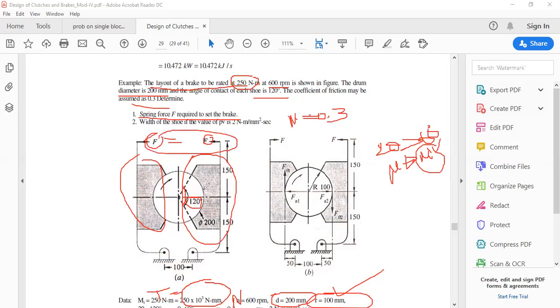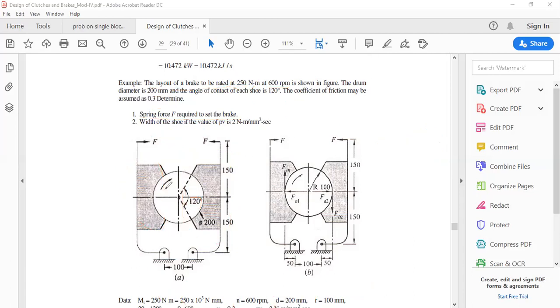If it is rotating in clockwise direction, with respect to that we have to consider case 1 for the left brake and case 2 for the right brake. It is rotating in counterclockwise for the first case and clockwise for the second case. As it is rotating in this direction, the ft that acts in this manner is represented as ft1, that is away from the fulcrum point.